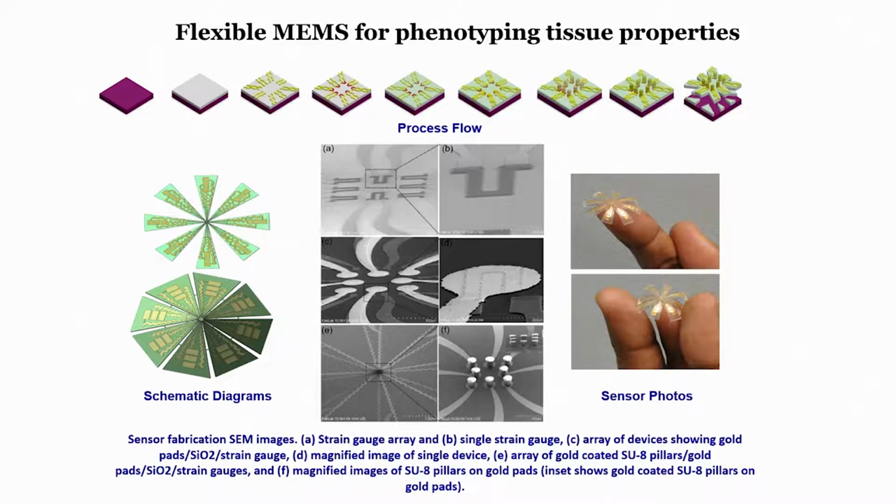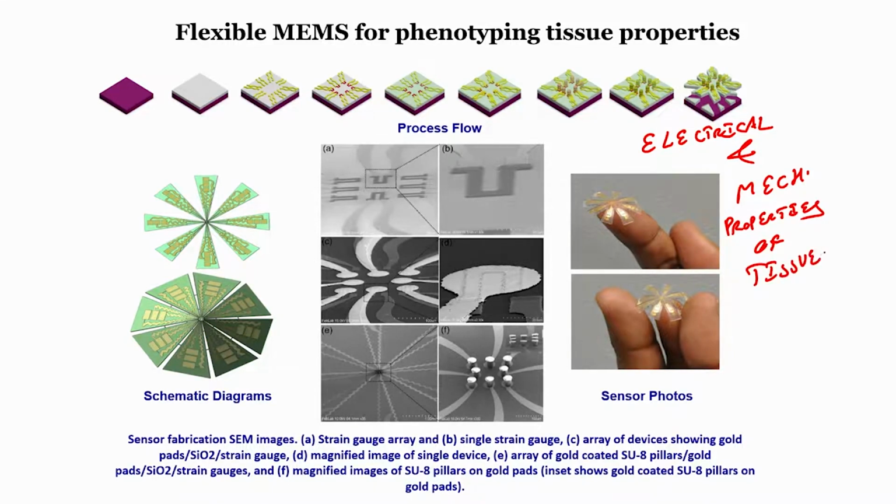Now, this is a flexible MEMS sensor, and it is used to understand the electrical and mechanical properties of tissue. Alright. How? You see what is there here?